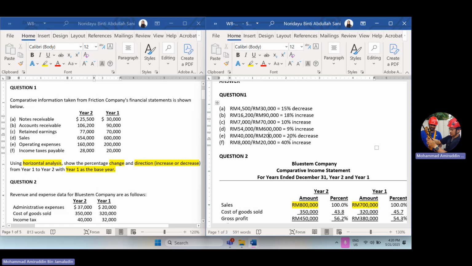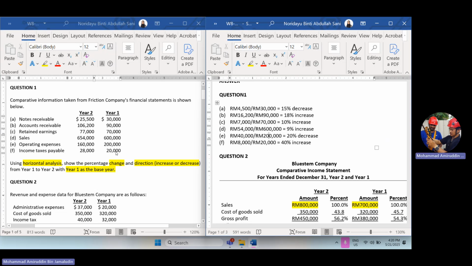More profit, higher taxable income. Definitely you will pay more tax. So the difference is 8,000 over 20,000, so a 40% increase in income tax payable. That's all for horizontal analysis.